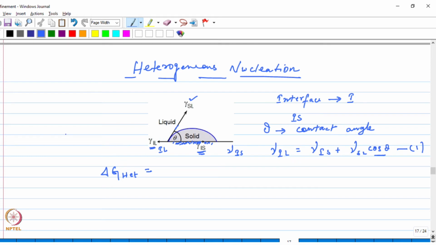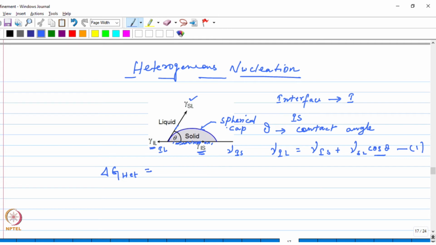So in this case, the nucleus which is forming is considered to be a spherical cap. The area is derived based upon this assumption that the nucleus is in the shape of a spherical cap.